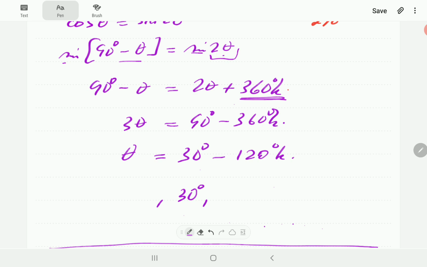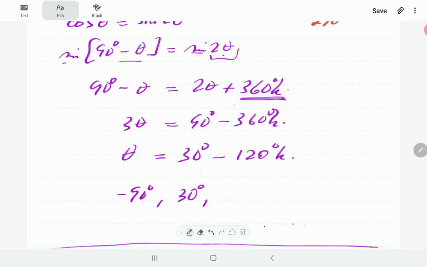Now if we generate the values of theta here, obviously when k is 0, it's going to give us 30. When k is 1, there's going to be 30 minus 120, which is negative 90.